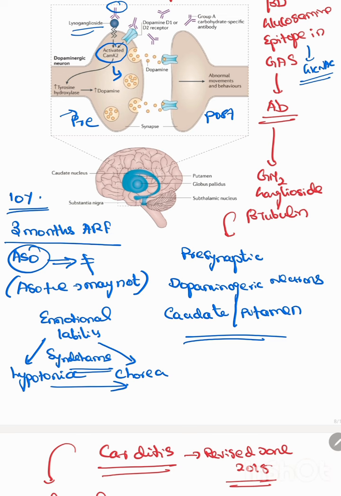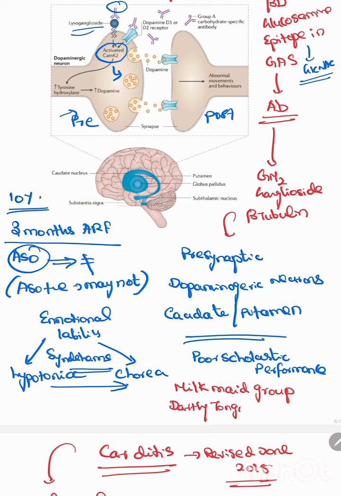Due to the presence of emotional lability, the child will present with poor scholastic performance, and they will have the very famous classical signs of milkmaid grip, darting tongue or lizard tongue, or the Saint Vitus dance.